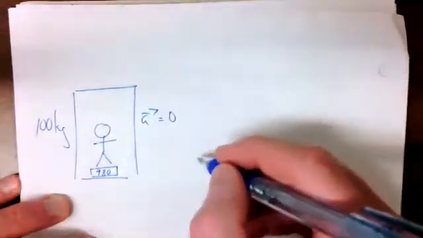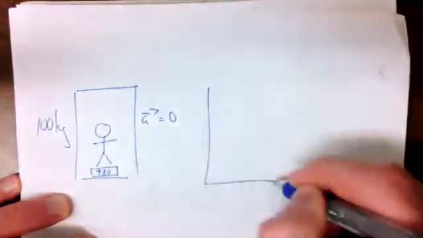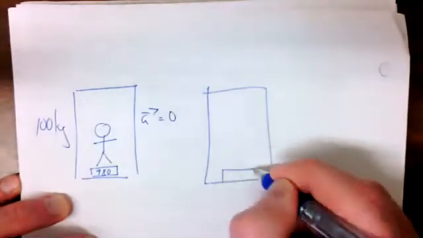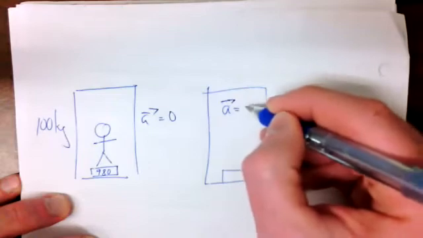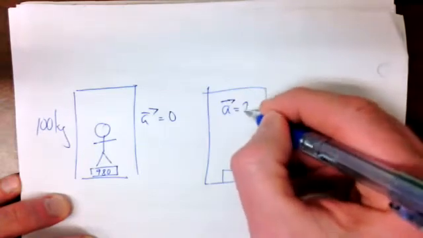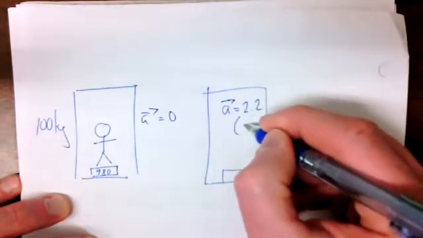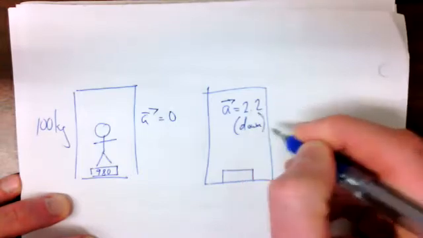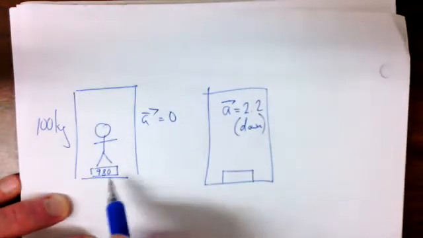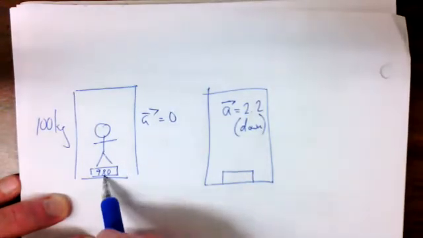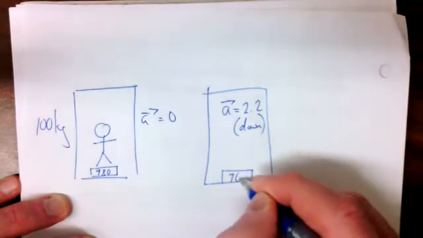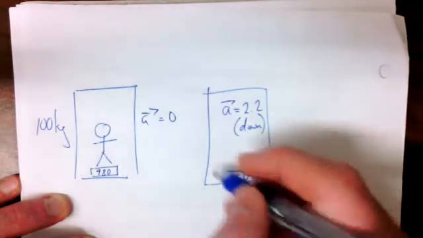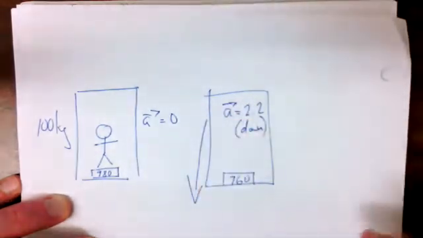But if acceleration in this case equals 2.2, and it's going down, then this scale will be lighter. It's going to be 100 times 7.6, so this scale will say 760 newtons because you're going down.